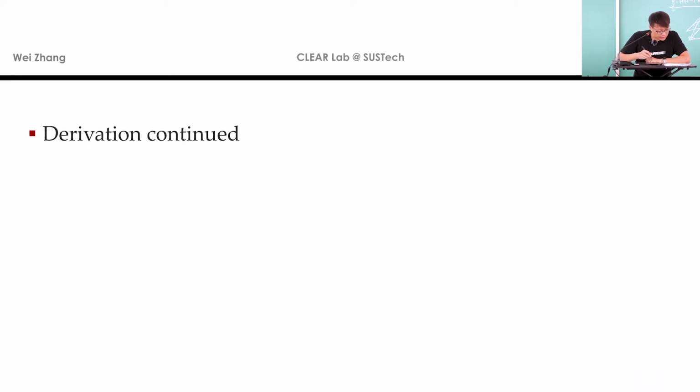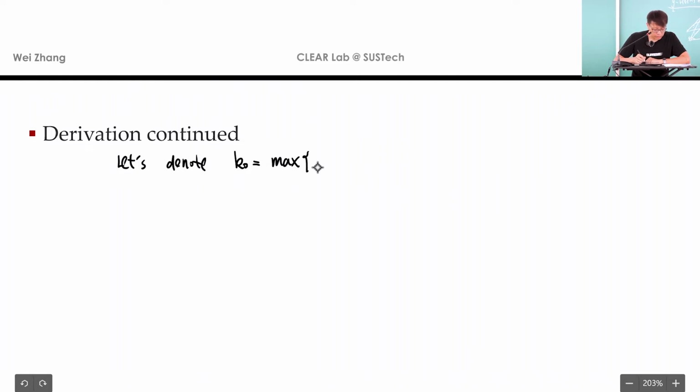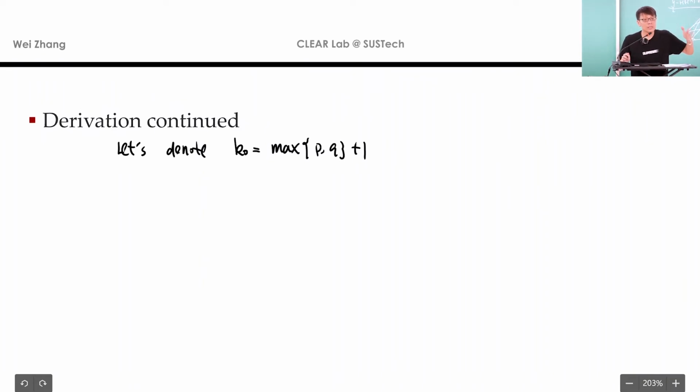Okay, so let's denote K0, that's our first available relation, which is max of p and q, plus 1. Then starting from K0, I have all the data I need to construct regressors.